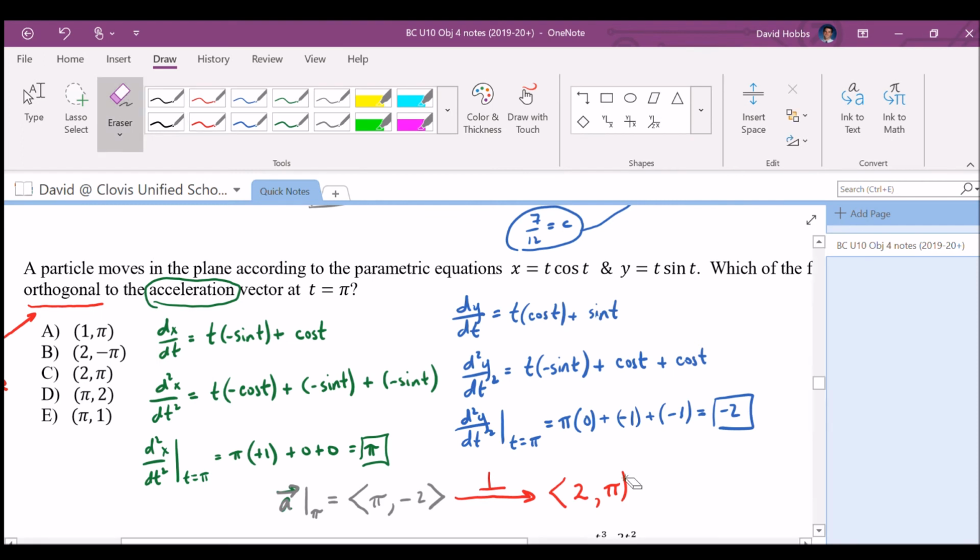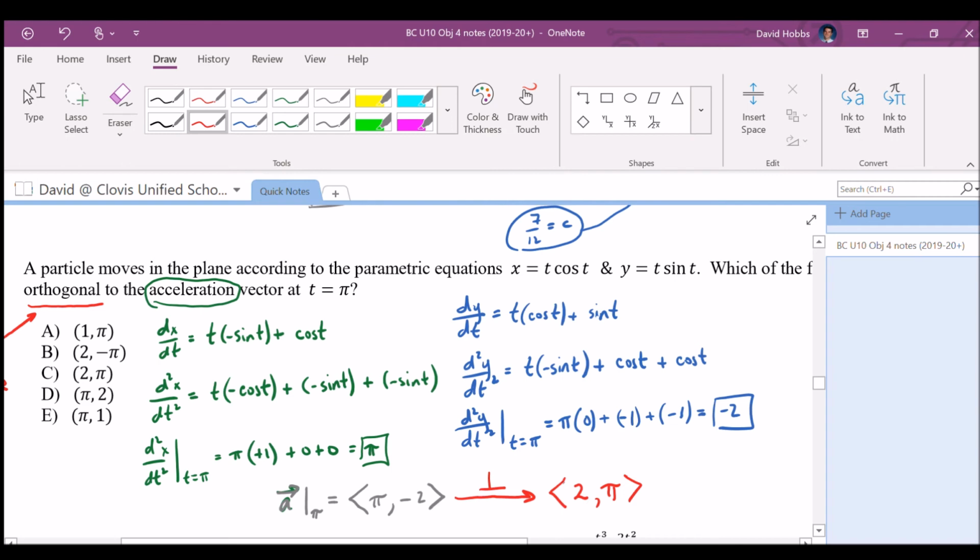Not that. And this slope was negative over here for the acceleration, which means I want this slope to be positive. And so 2 comma pi would be a possibility.